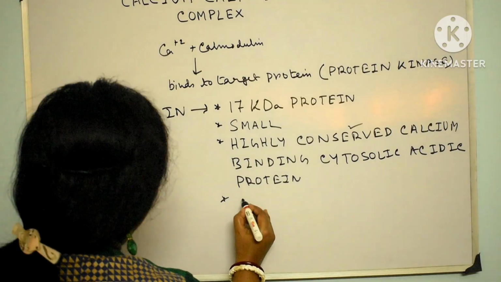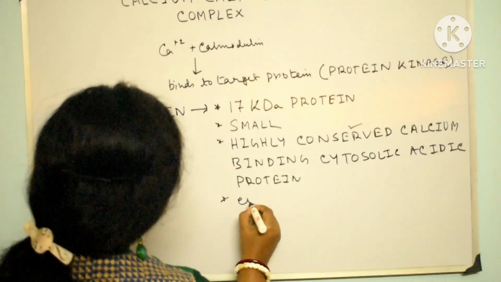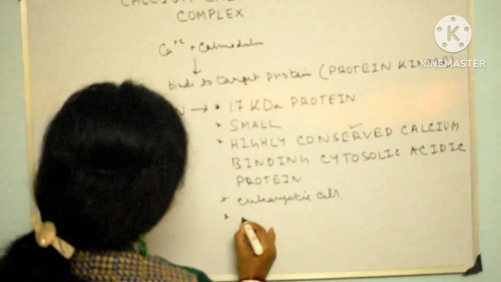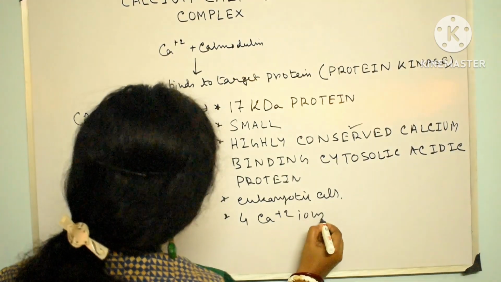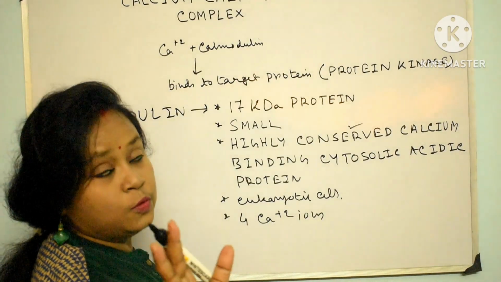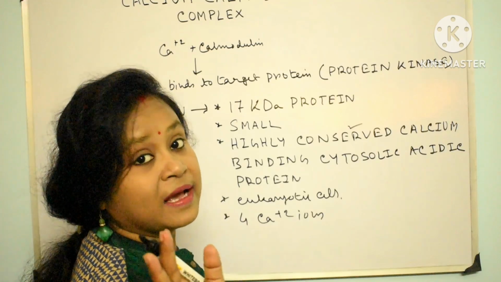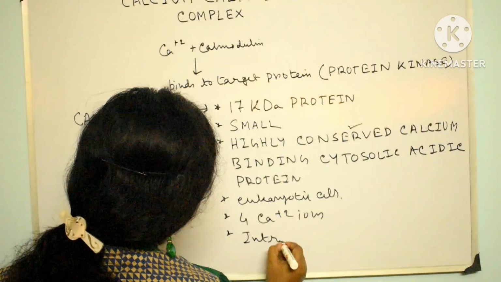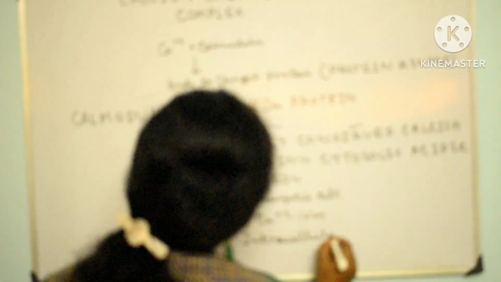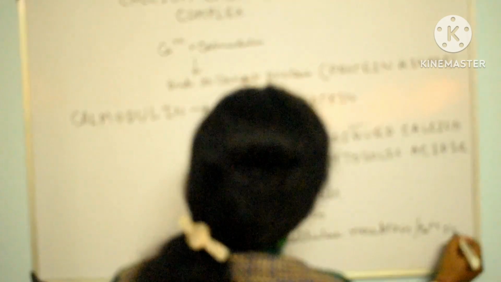It is found in all eukaryotic cells. It binds up to 4 calcium ions maximum. Important: it is an intracellular receptor for regulating calcium signal.